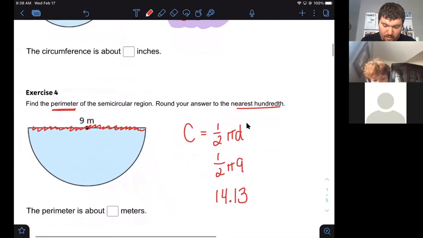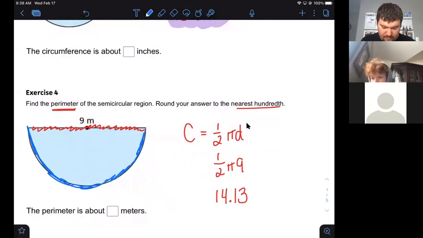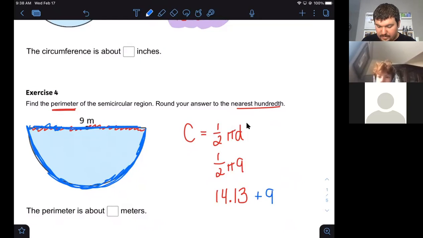Okay, so far we have this portion of the semicircle right here. We have measured this distance here to be 14.13 meters. That's one part of the semicircle, but because we cut the circle in half, we exposed, like I mentioned, another side. We need to make sure we count this side here, which we know is 9. So we just have to add 9 meters to get our total perimeter because there's 2 sides on a semicircle instead of just 1.